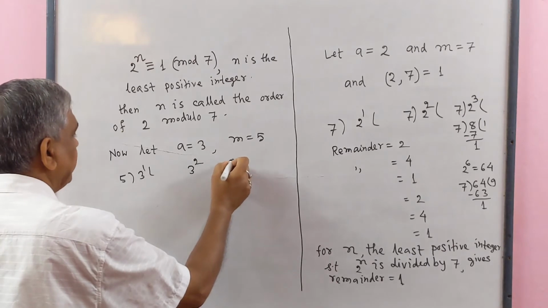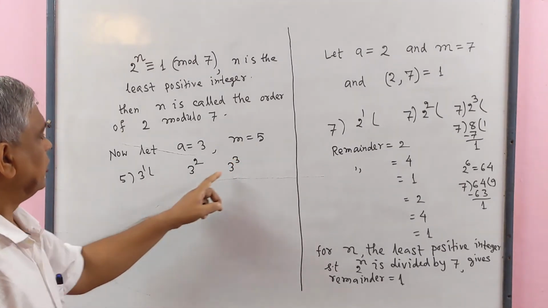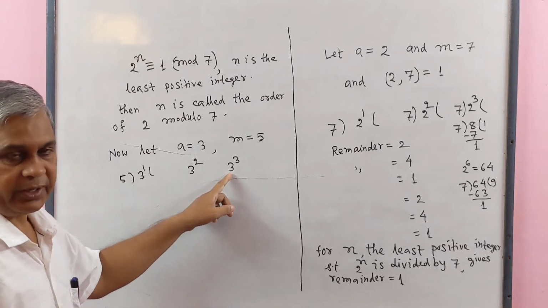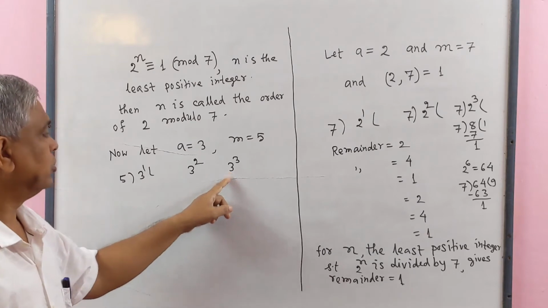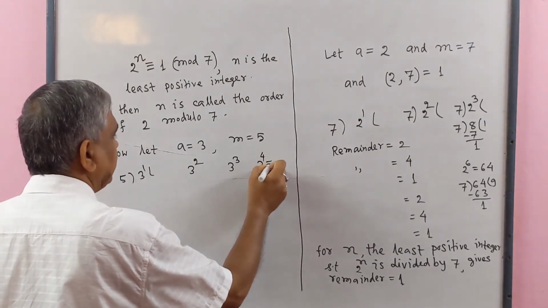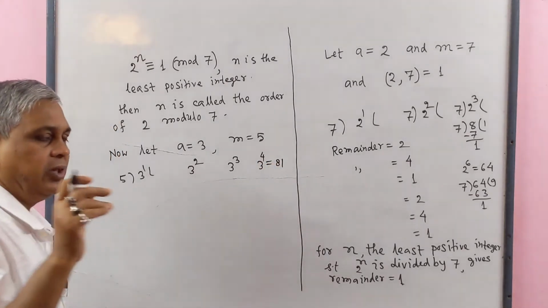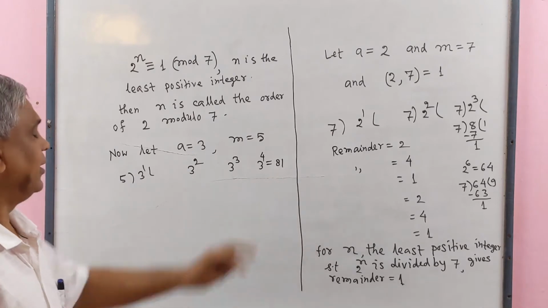When 3 cube, means 27, is divided by 5, we get remainder 2. If 3 to the power 4, that is 81, is divided by 5, we get remainder 1.